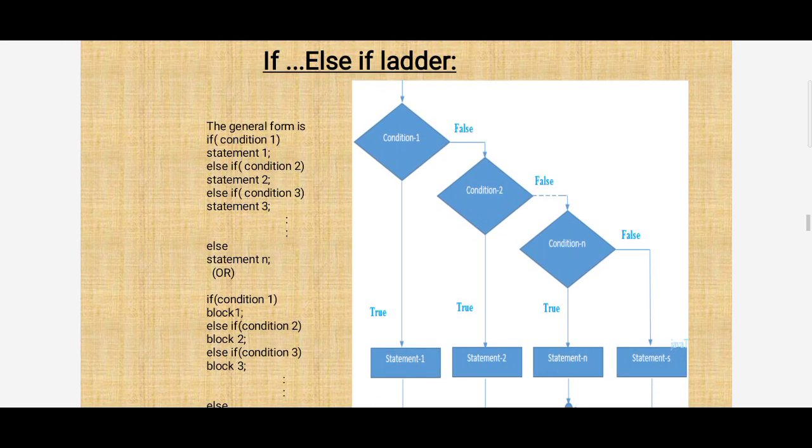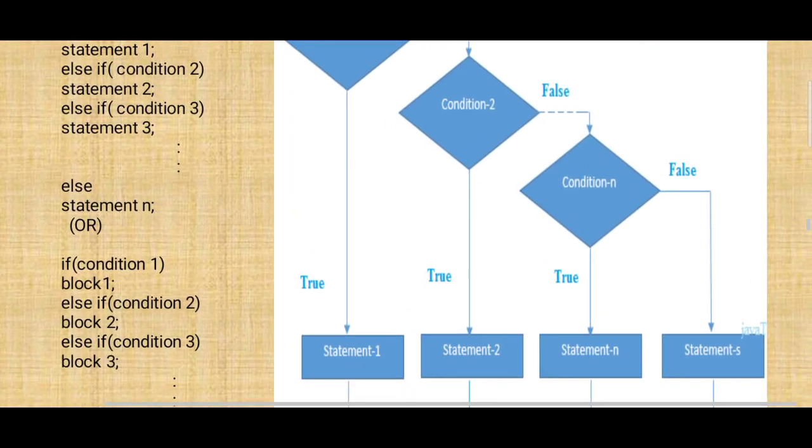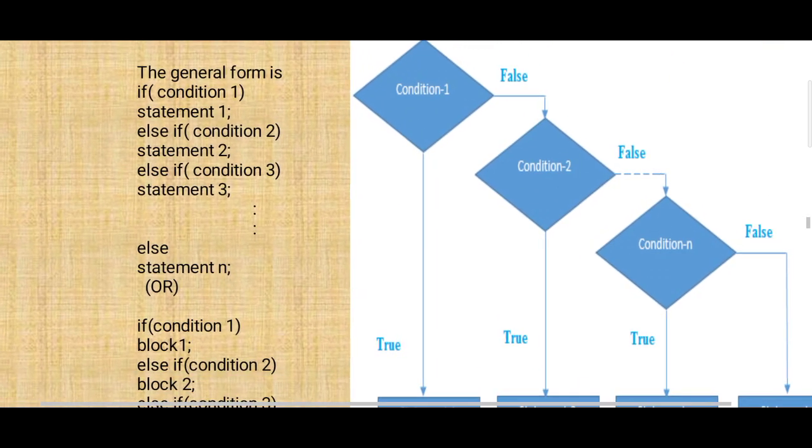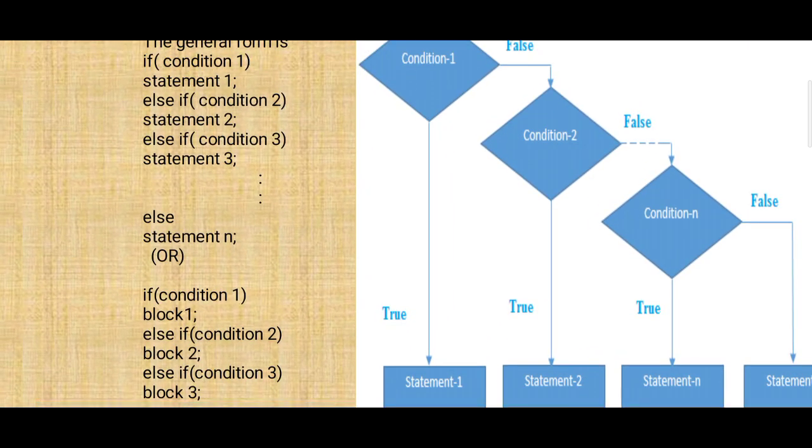If else if ladder. Here, if condition 1, statement 1 executes, else if condition 2 is true, the statement is executed, else go to condition 3. If condition 3 is true, the statement of condition 3 is executed, otherwise it goes on up to condition n.